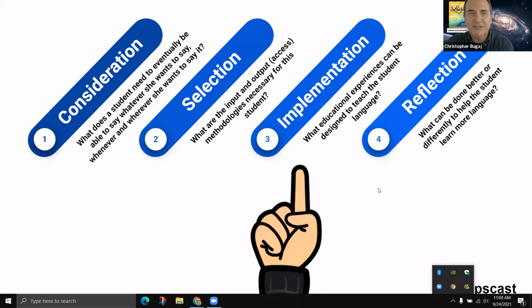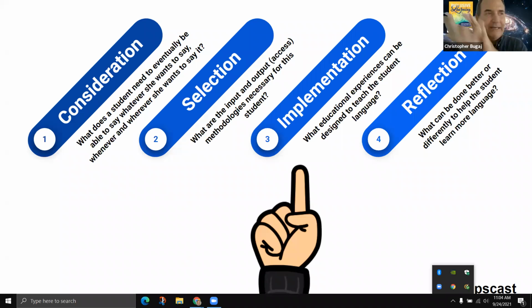So this presentation is all going to be about implementation. These are implementation strategies. There'll be a little bit about selection because although this slide has them as separate things, all of these things, considering what you need to consider, selecting an AAC tool, implementing that AAC, and then reflecting on that, here it looks like it's segmented.